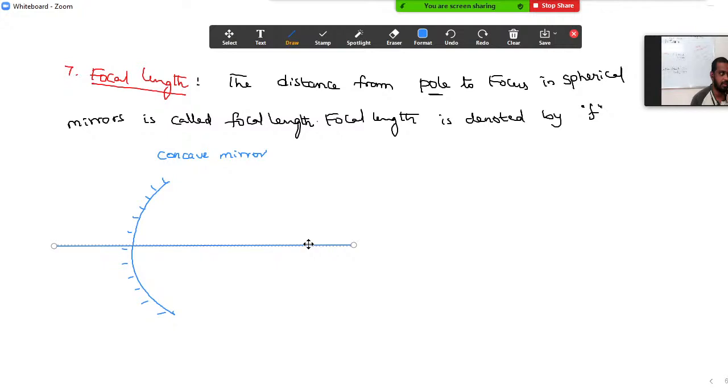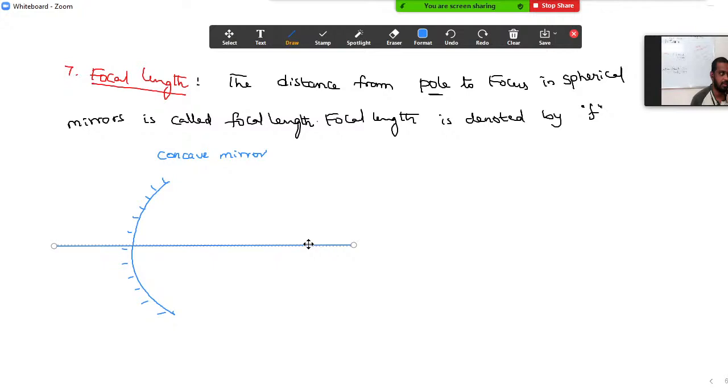And remember, since the focus is the midpoint, the distance from focus to center of curvature is also f only. Now R can be written as 2f. R is equal to 2f. Is it clear, all of you? Why R equals 2f? Because the focus is the midpoint of the pole and center of curvature.